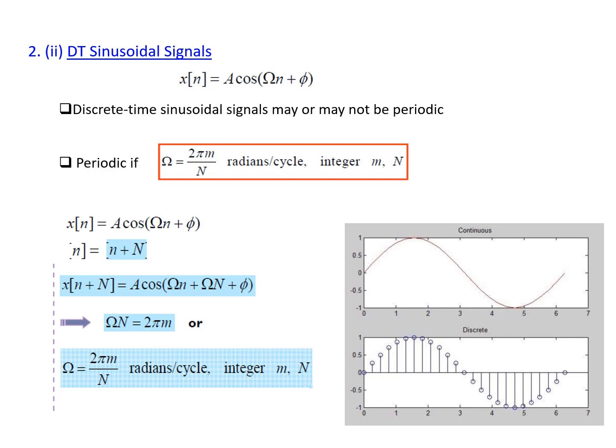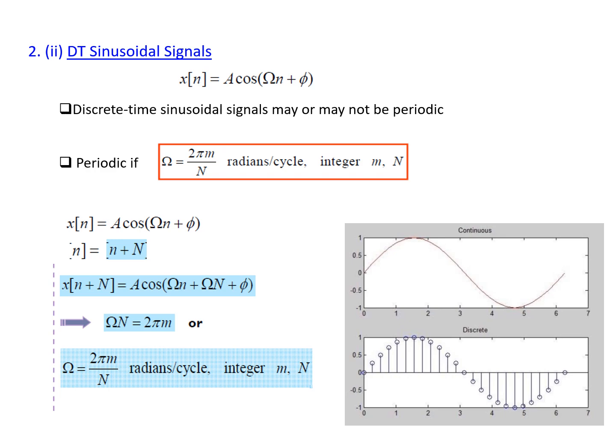Here m is any integer, where N is the number of samples per cycle of a periodic discrete cosinusoidal signal. What is the proof for this formula? The proof is here. You can write the original equation of the discrete time sinusoidal signal, x of n is equal to A cos of omega n plus phi.